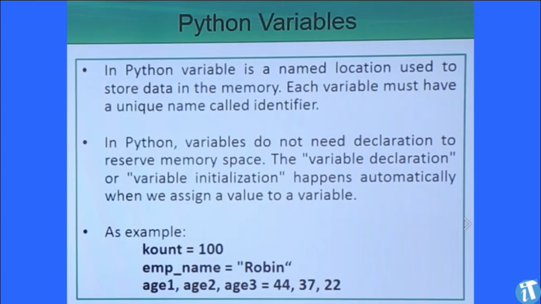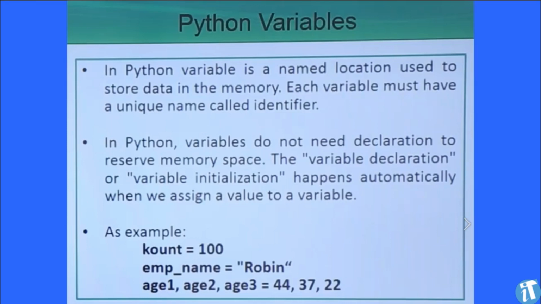The variable declaration and the variable initialization can be done in the same statement. So here you see count is equal to 100, emp_name is equal to Robin, and age1, age2, age3 is equal to 44, 37, 22. In this way, at this particular line the variables age1, age2, age3 have got defined and initialized, and here we put integer values, so the variables will have the data type integer.